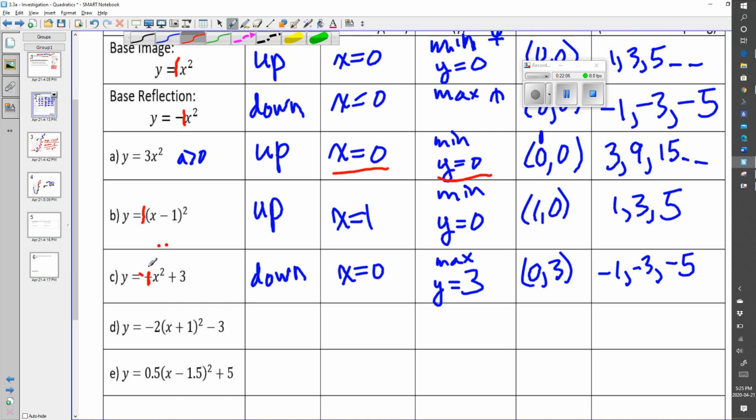And 5 times -1 gives us -5. All right, now let's finish these off here.